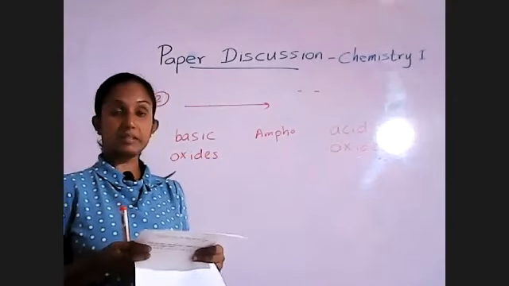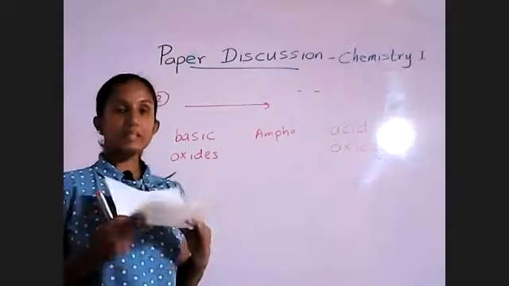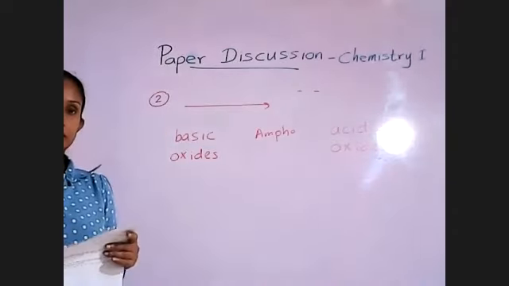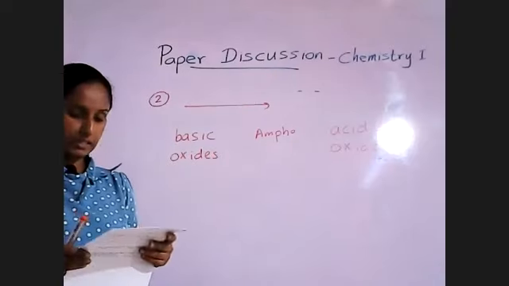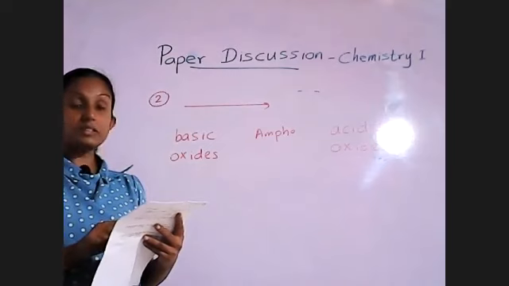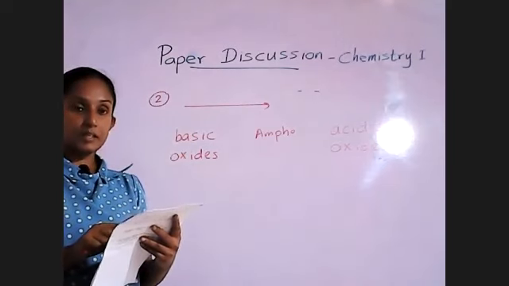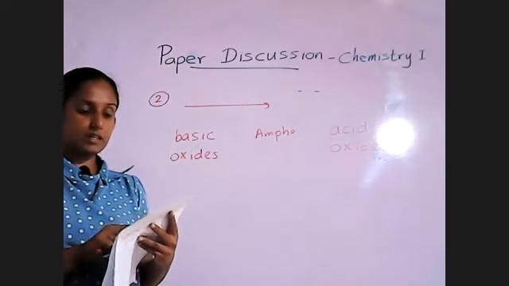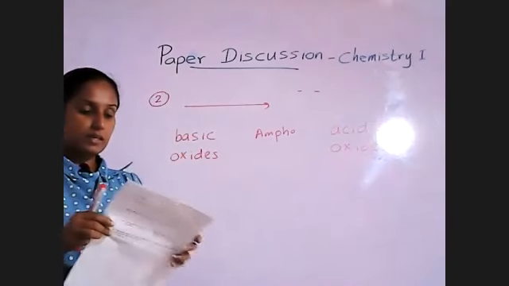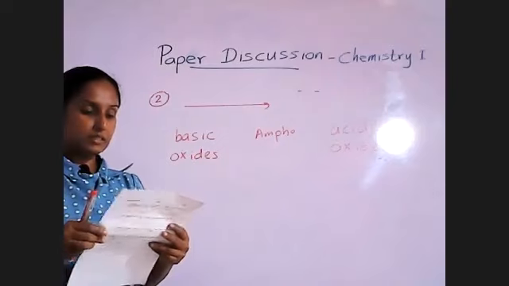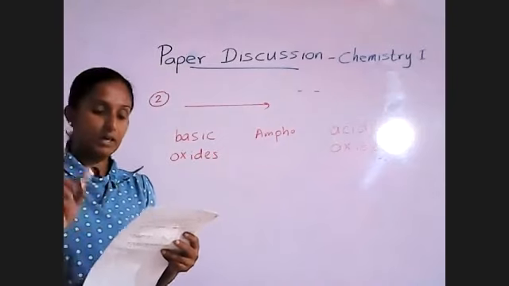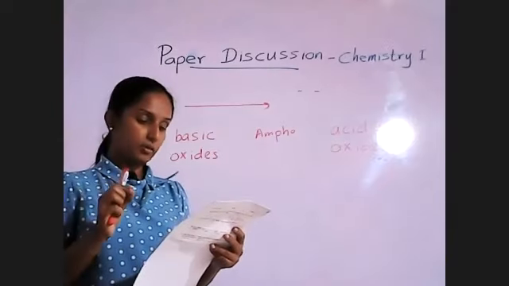What is the answer? Vanadium pentoxide. As I told you, for the first three, you can write in which processes or manufactures copper, nickel, and iron are used. In that way, you can write the note.